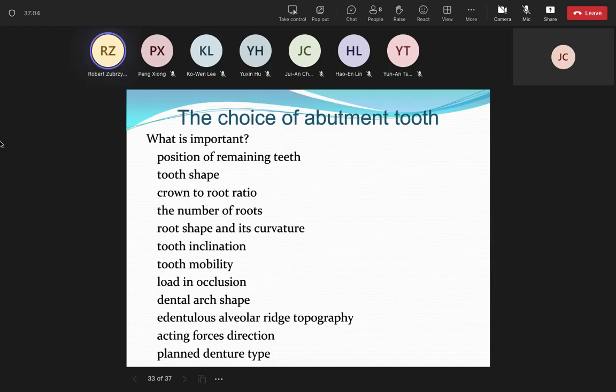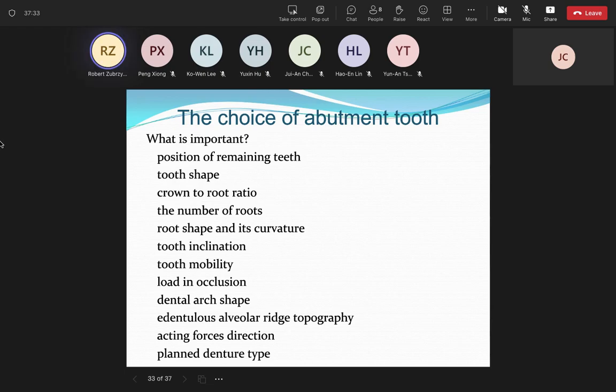The choice of abutment tooth. So what is important to choose it? Position of remaining teeth, tooth shape, crown to root ratio. So the root should be longer than crown, not reverse. The number of roots. So for example, molar, when we have 2 or 3 roots, is better than a small incisor when we have only 1.